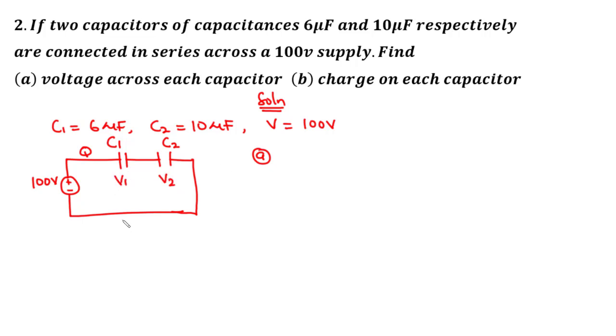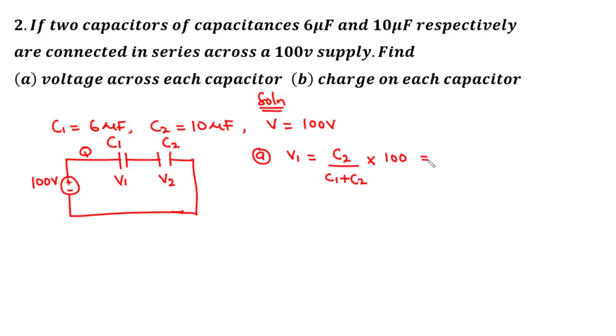and then V2. Okay, so we said that V1 is equal to the value of the other capacitor, which is C2, divided by the sum of the two capacitors times the source voltage, which is V, in this case 100.